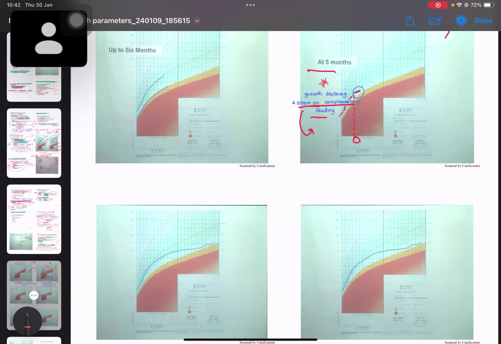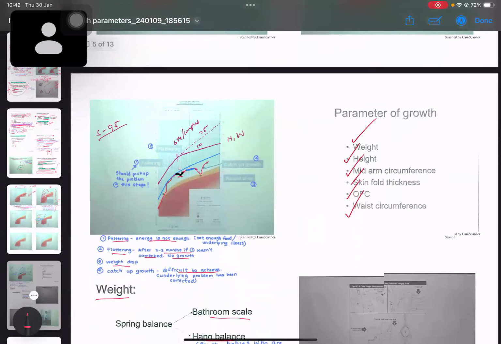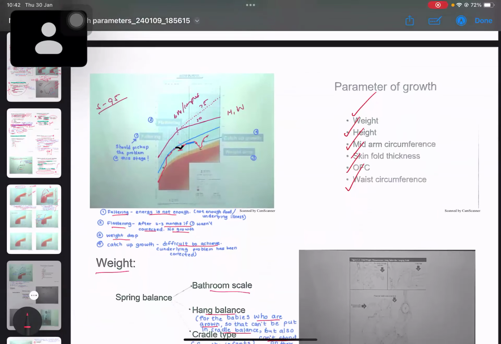So during the short period after starting complementary feeding, there will be changes in the previous growth trend. And if the child is okay with that complementary feeding pattern, it will catch up growth again. That's a difference.